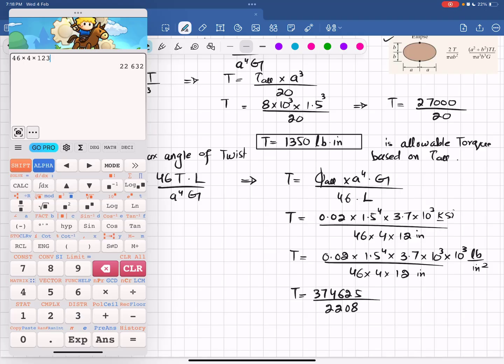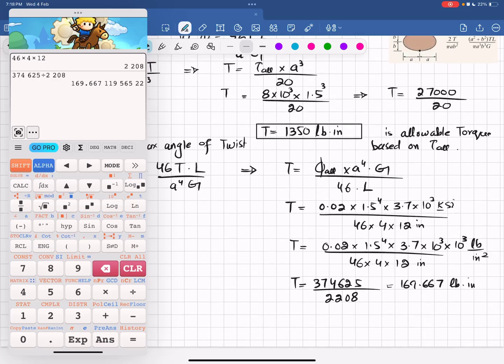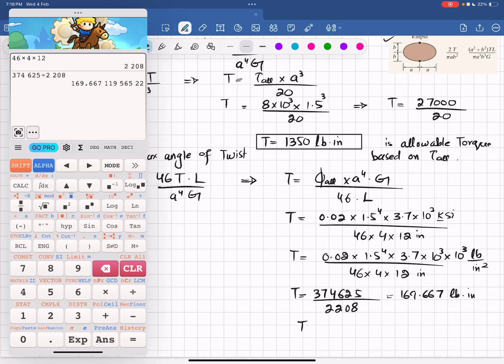Now 374,625 divided by 2208 will give you 169.667 pounds into inch. So we can round it off as torque is equal to 170 pounds into inch.